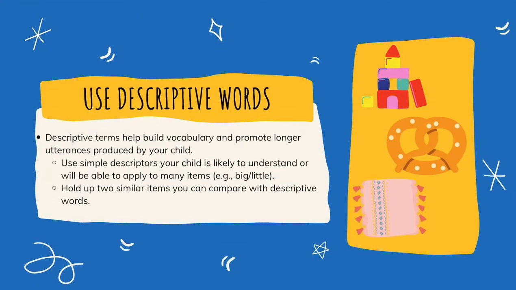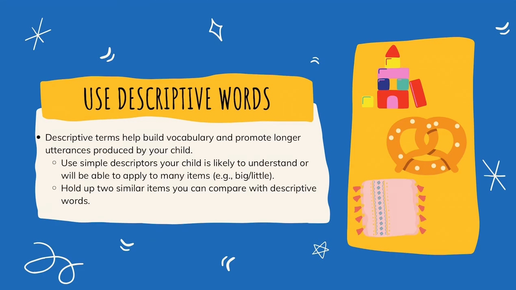The understanding and use of descriptive words is also important for your child's communication development. Descriptive terms help build vocabulary and promote longer utterances produced by your child. Be sure to use simple descriptors your child is likely to understand or things that you will be able to apply to many items.